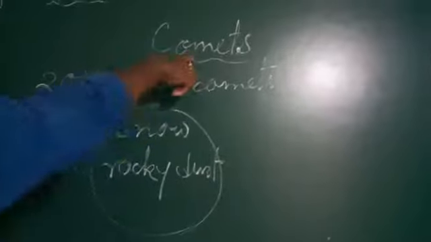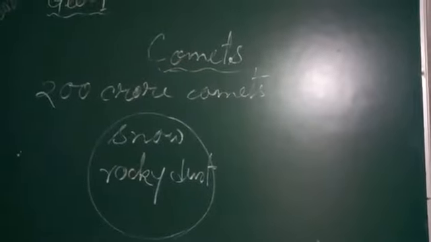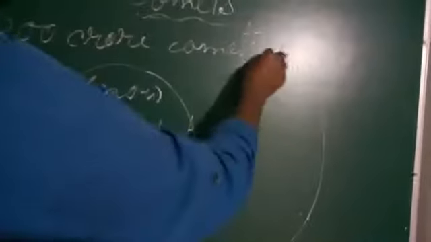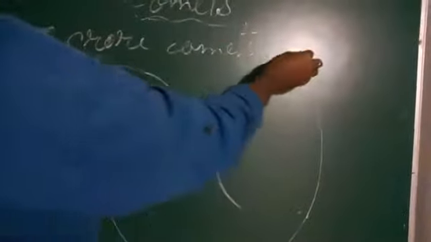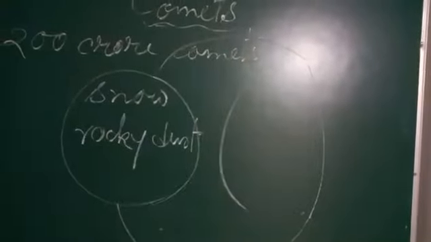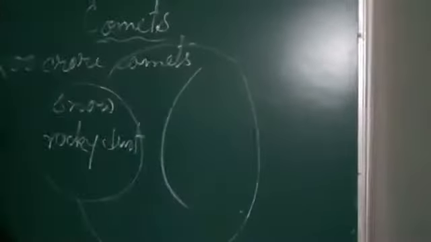So these comets are made up of snow and rocky dust. Each comet follows its own orbit around the sun. Suppose the sun is here, then each of the 200 crore comets follows its own path.